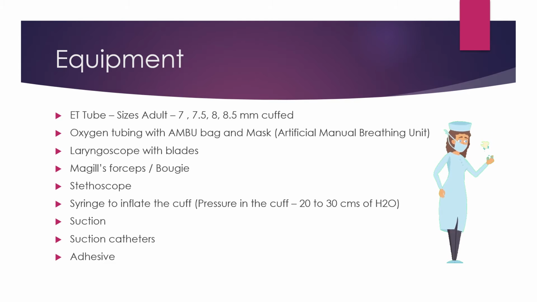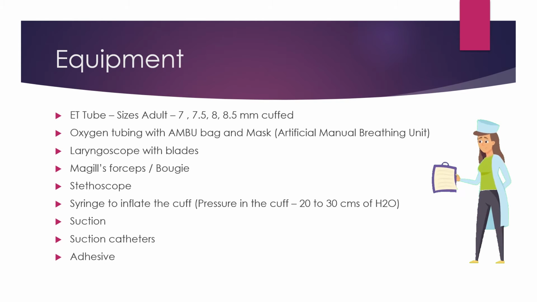Then there is the equipment that is needed during an endotracheal intubation. It is very important for us to keep all these things ready when we need to go for an endotracheal intubation. There are different sizes.